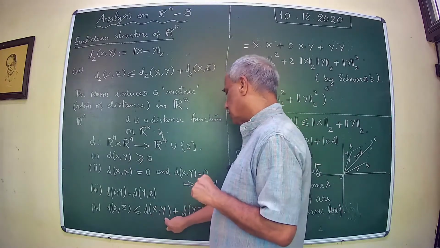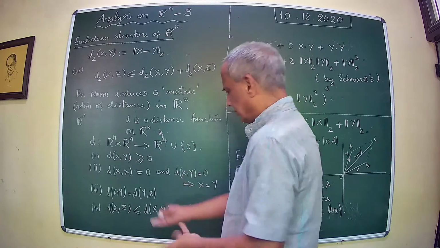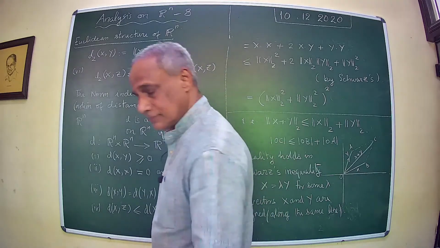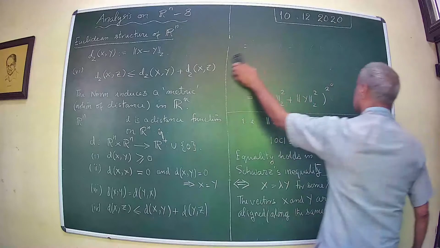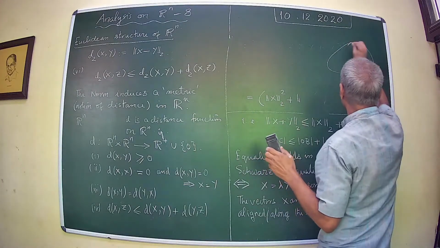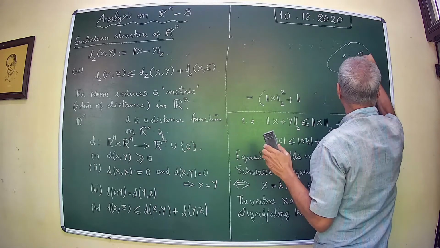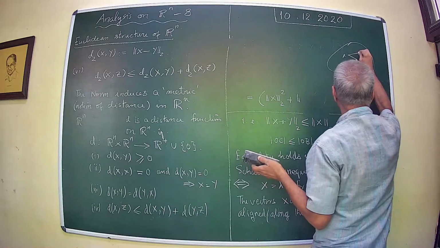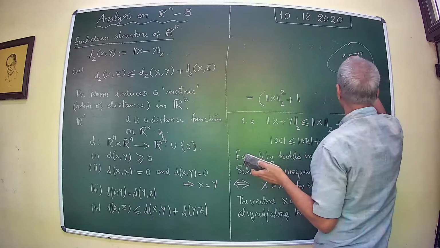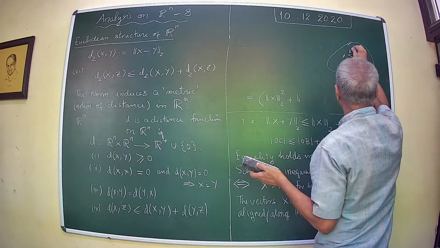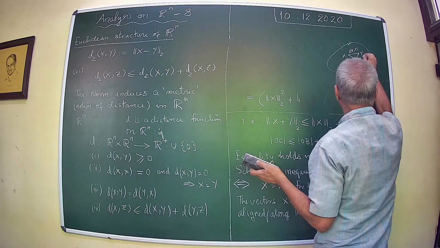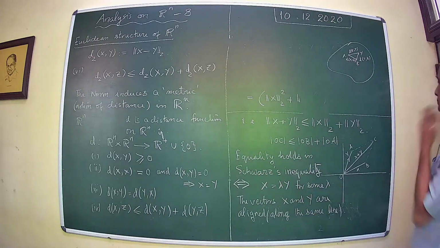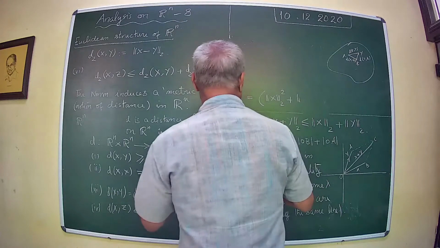This is the distance from x to y plus the distance from y to z. This is the triangular inequality.